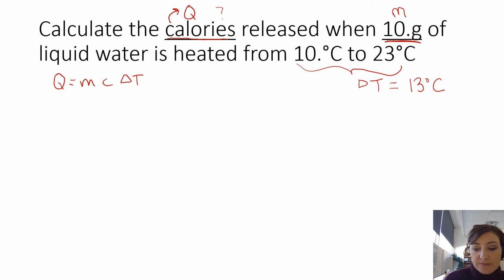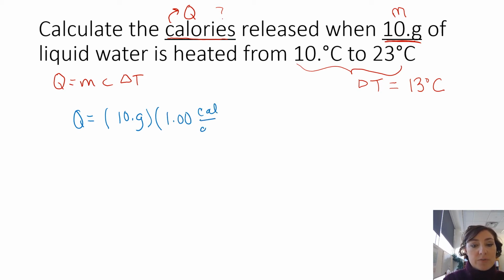So let's go ahead and fill in our numbers for this. We are solving for Q, so the equation's already set up the way we need it to be. So mass is 10 with a decimal grams times my specific heat, 1.00, and that's calories per gram degree Celsius, times my delta T, which is 13 degrees Celsius. Looking at my units, grams will cancel, degrees Celsius will cancel, leaving me with calories.